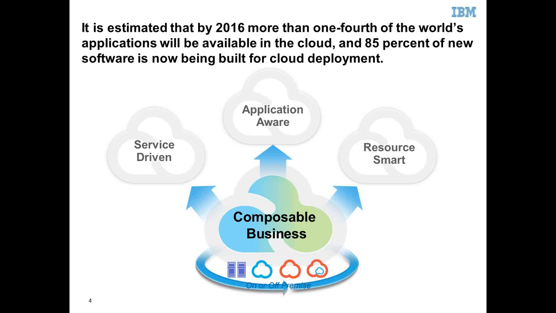So the three key pillars of that viewpoint of composable business are: it should be service driven, not just IT services. Again, we are talking about business services. An organization should be able to list all the services that it offers or that it should identify for internal usage by the employees or partners, and then it should be able to visualize its business portfolio as being composed of these services.